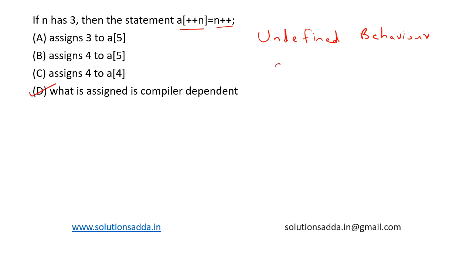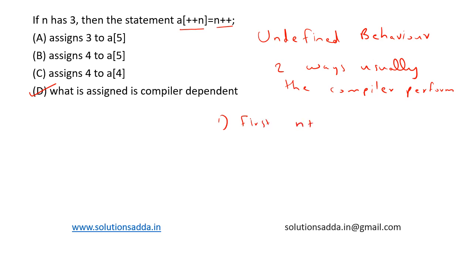There are two ways the compiler usually performs this. One way is first n++, then calculate ++n for the index value.